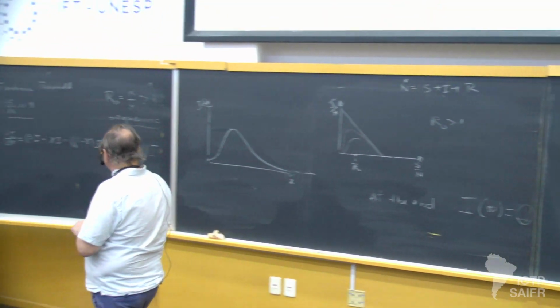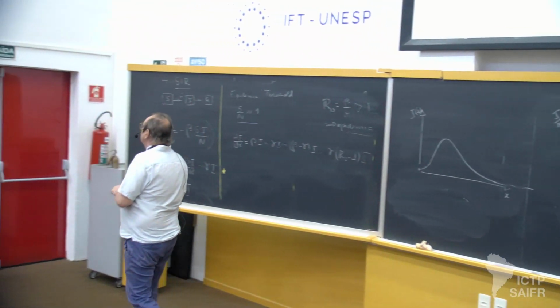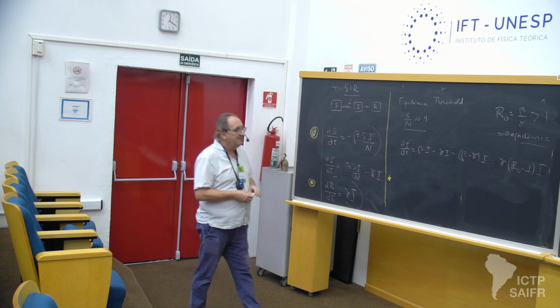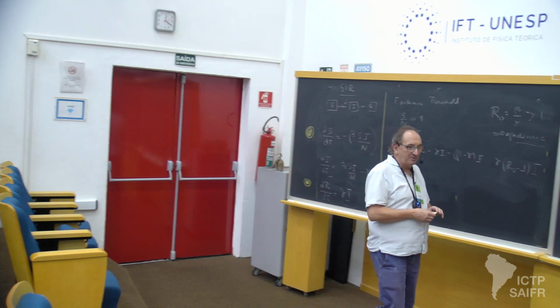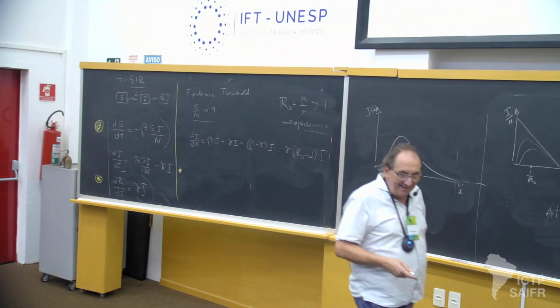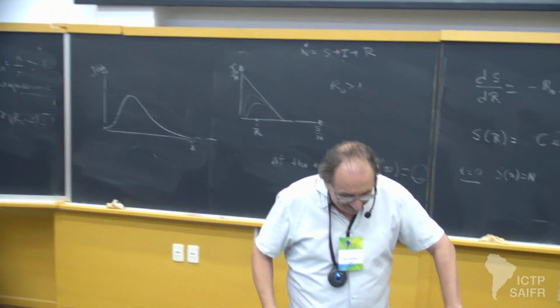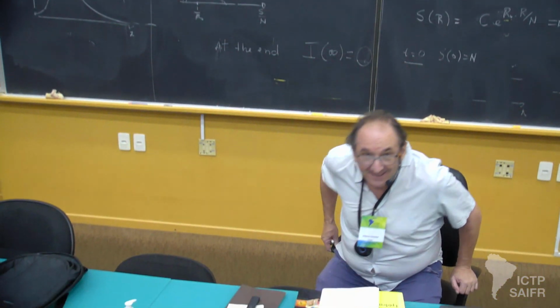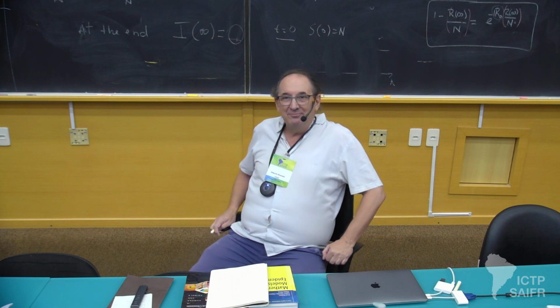So, just to finish, we are talking all the time about R0, but can any of you have any idea of the value of R0 for some diseases, except for COVID, which I told you is 2.5? So, any idea?